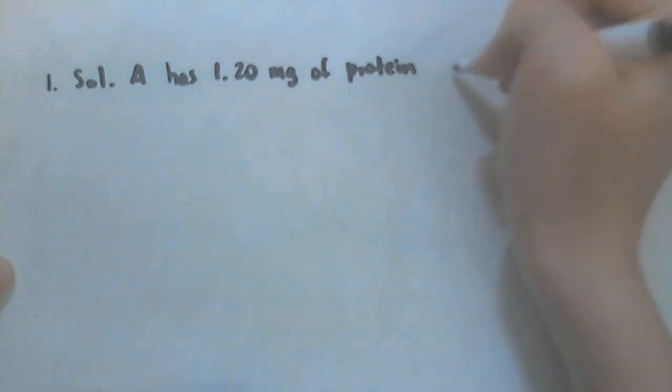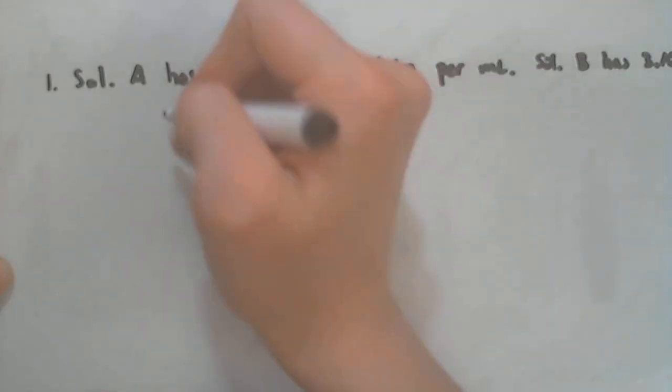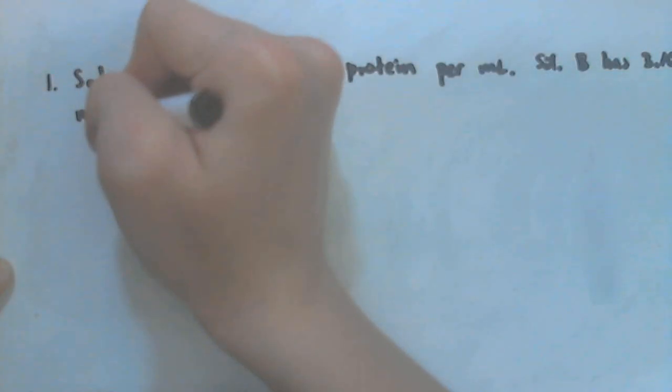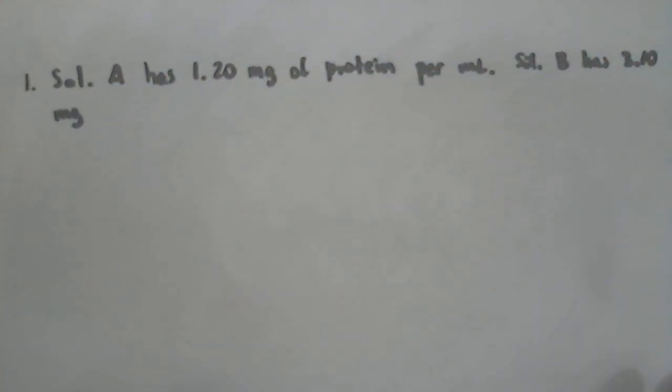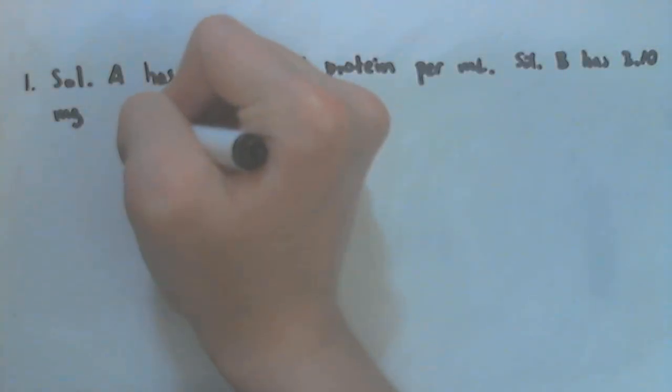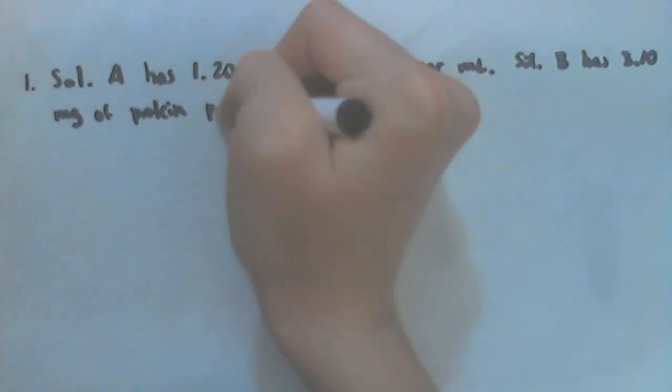So we have solution A. Solution A has 1.20 milligrams of protein per milliliter. Solution B has 3.10 milligrams of protein per milliliter.